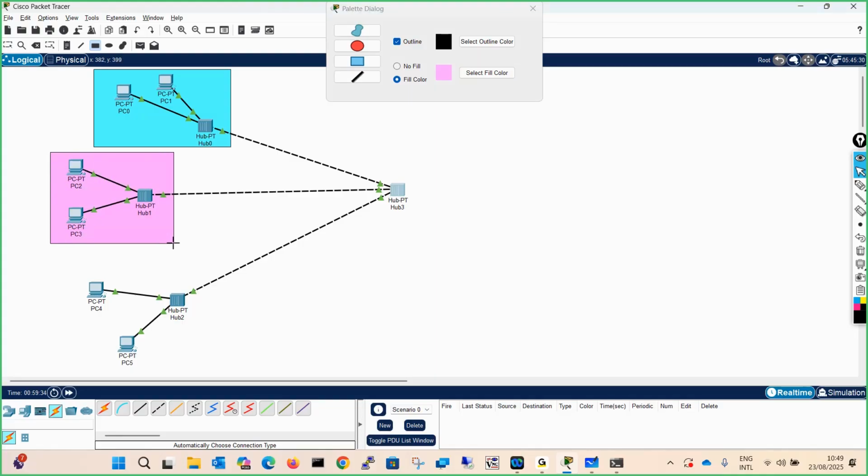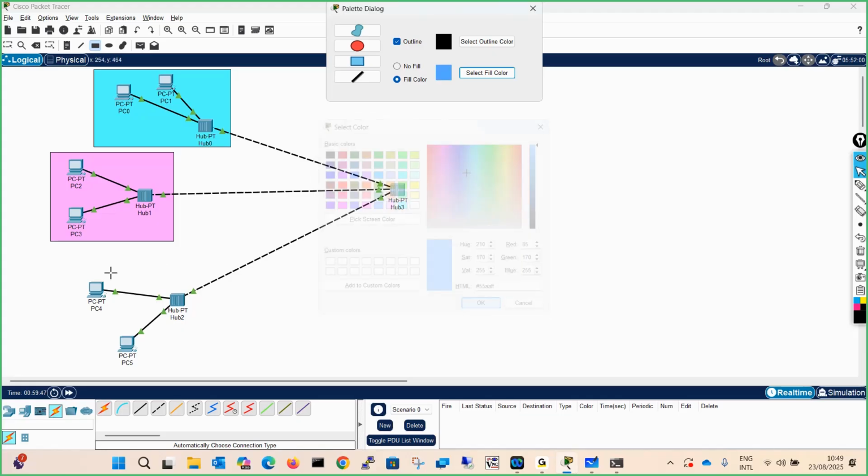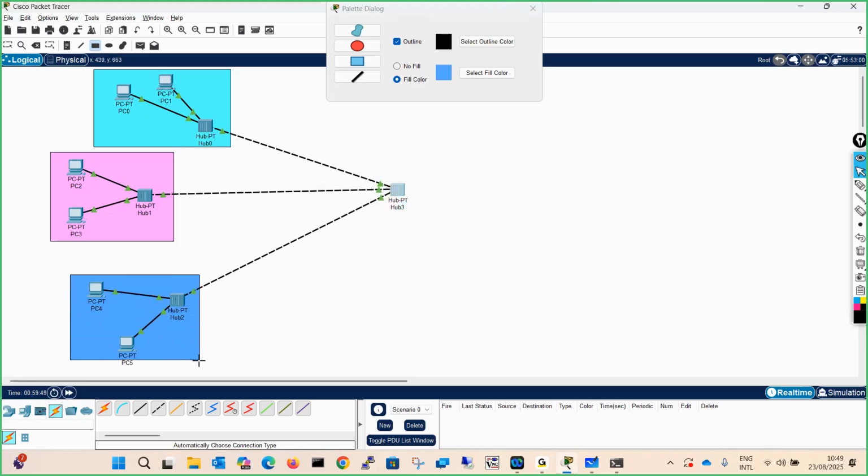If everyone is ready with their lab, please confirm in the chat box. Okay, what about others? Everyone's lab is ready.